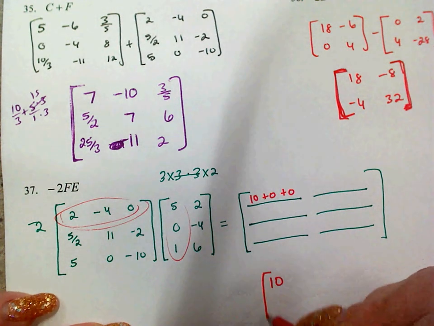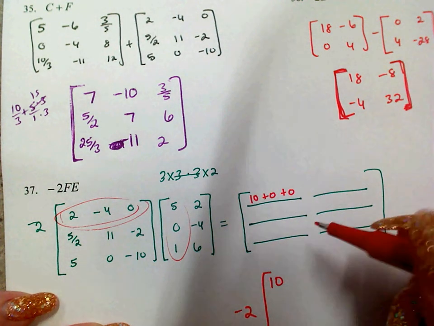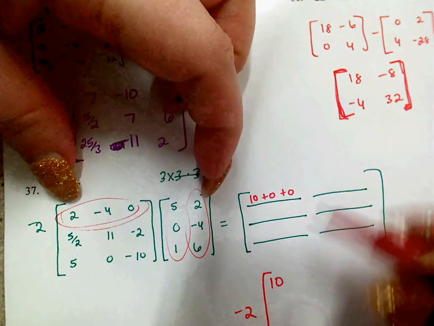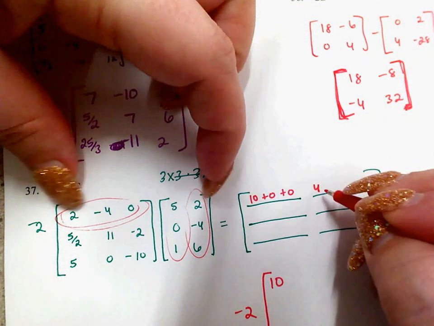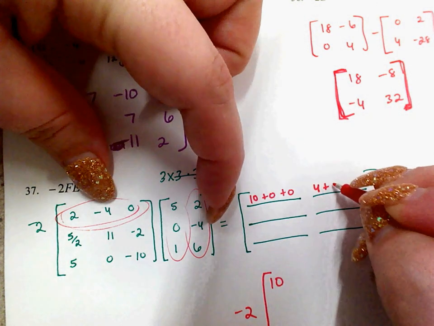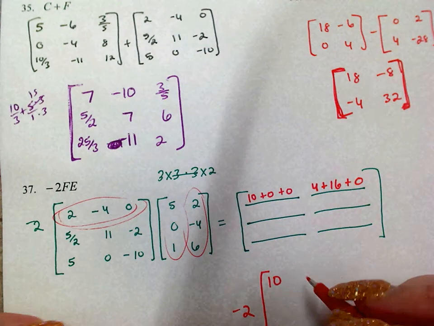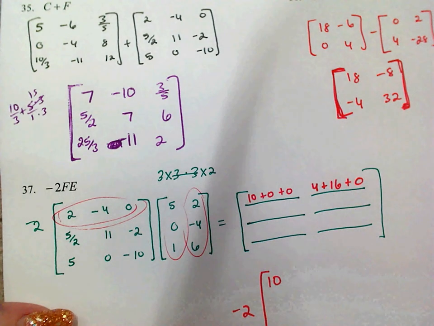And then first row times second column is going to be 2 times 2, which is 4, plus negative 4 times negative 4, which is 16, plus 0 times 6, which is 0. So that's 20.